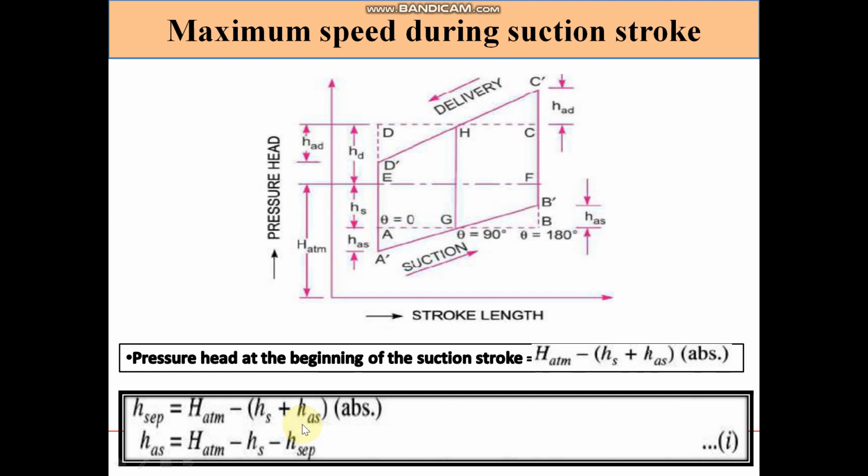Generally, the suction head is known to us, and the separation pressure head is also known to us. So from these two values, it is possible to evaluate the acceleration pressure head in the suction pipe. So the acceleration pressure head in the suction pipe is equal to this value, and that is equation number 1.